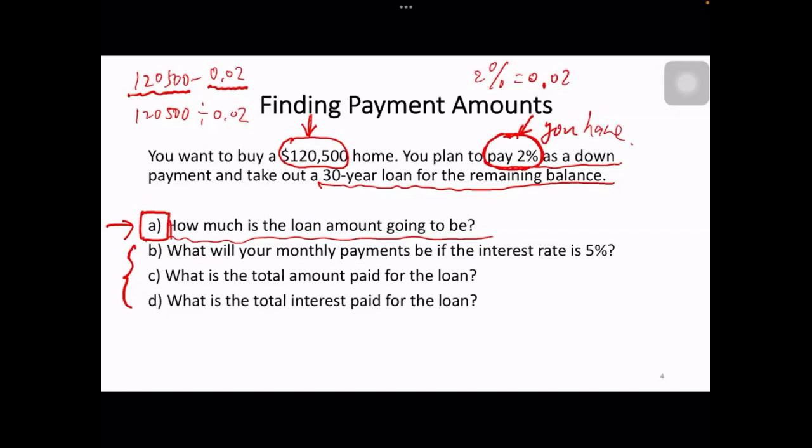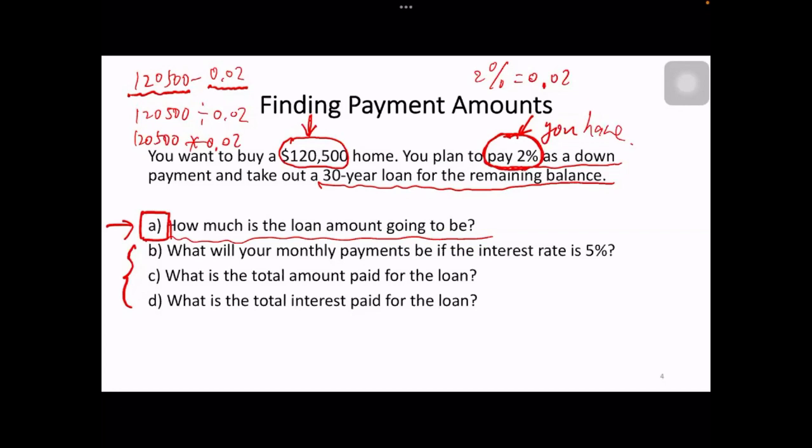Josh says, I think multiply 120,500 by 0.02. Okay, that's another opinion. Josh, can you tell us if we multiply 120,500 by 0.02, what you get here?